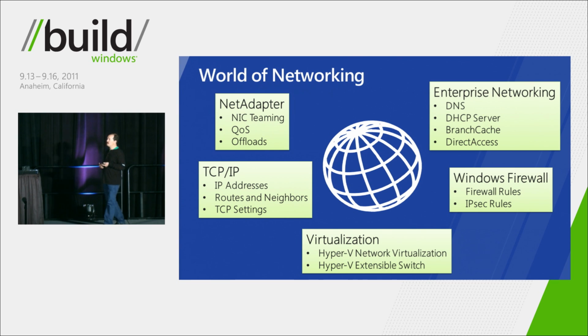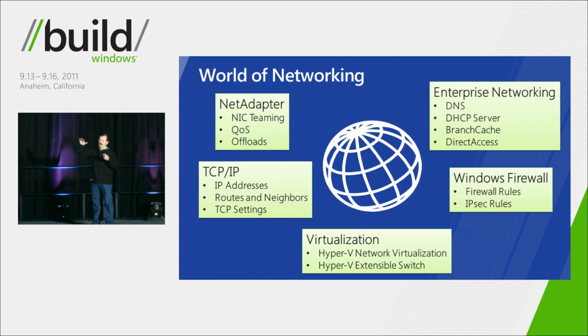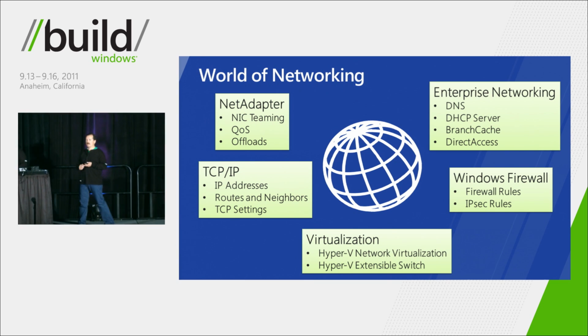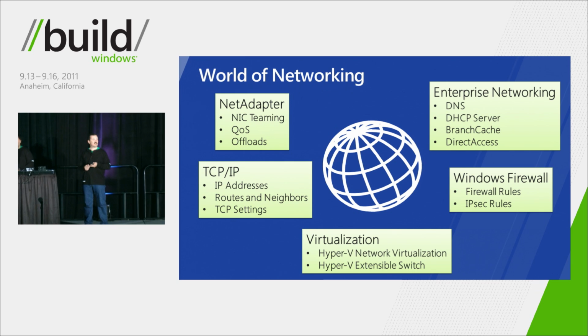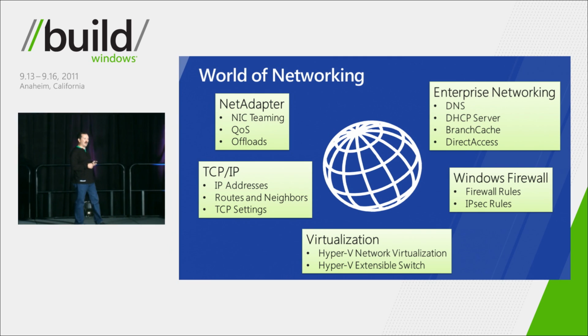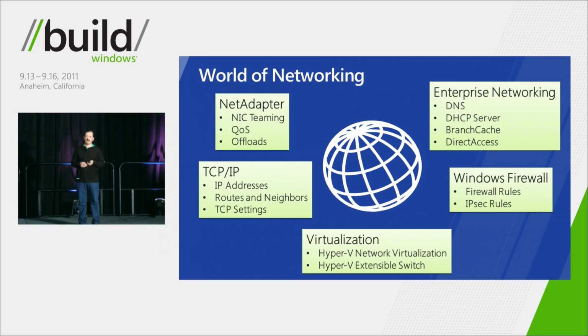The firewall rules, IPsec rules, and then higher-level concepts like DNS and DHCP, managing BranchCache, managing DirectAccess. For us, that's also very important. We see the hybrid cloud. The cloud's really about the hybrid cloud, which is going to generate a lot of WAN traffic. So BranchCache and DirectAccess are very important in those scenarios, again managed by PowerShell.